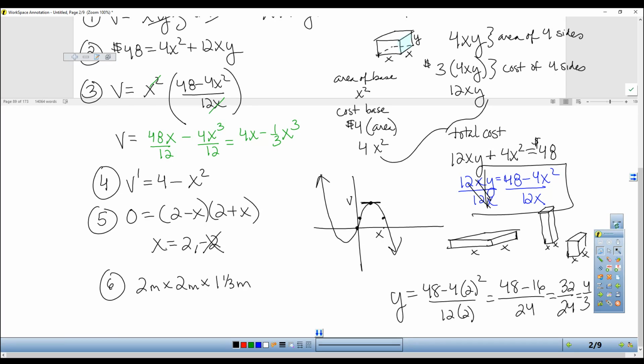Okay? Or 4/3, whatever you want. So find the dimensions of the box of greatest volume that can be constructed for $48. Step 7 was the units, which I remembered.